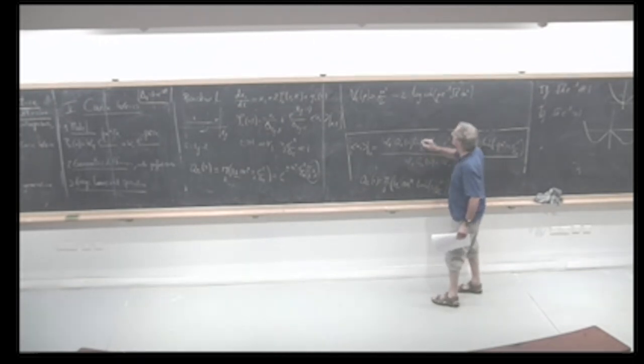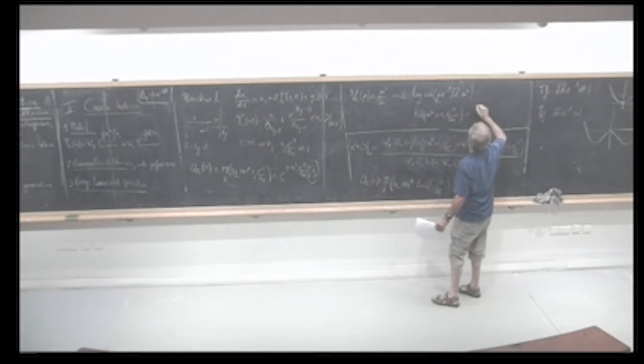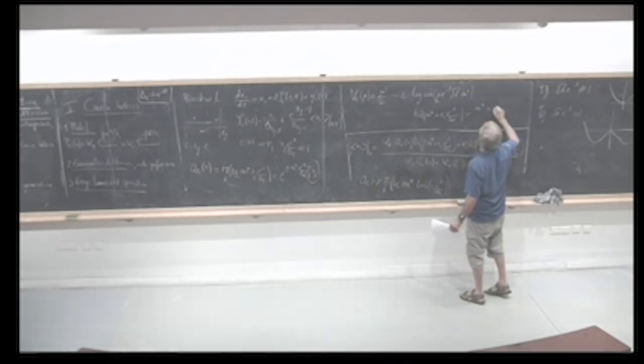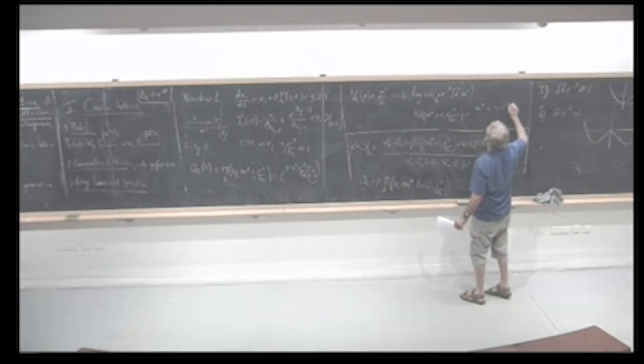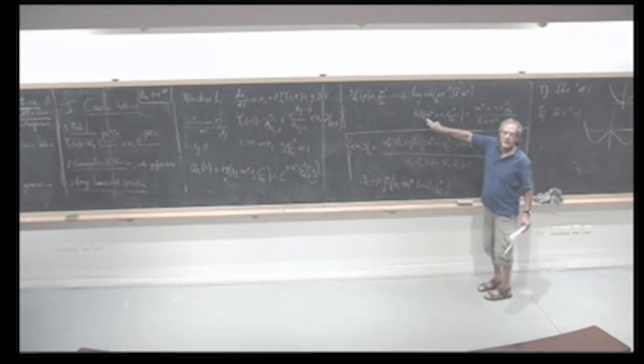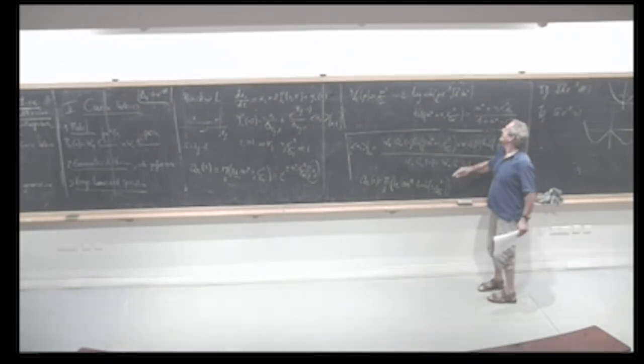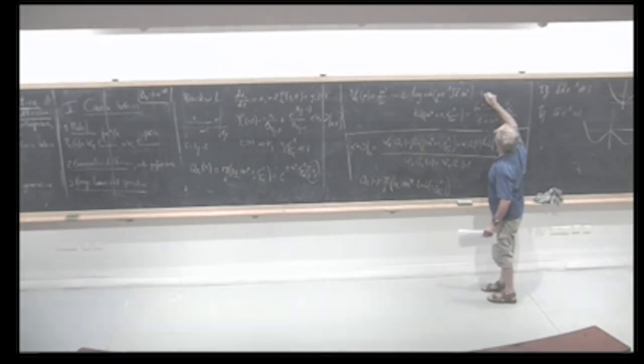You expand the tanh, as tanh of A plus B is tanh A plus tanh B over 1 plus tanh A tanh B. Yes, but this is tanh beta M star.